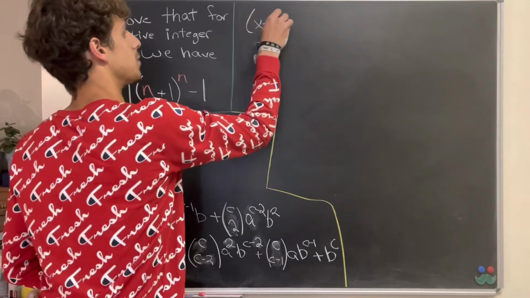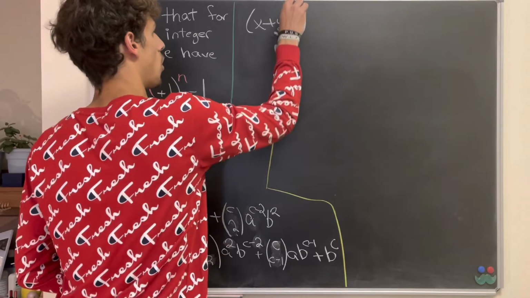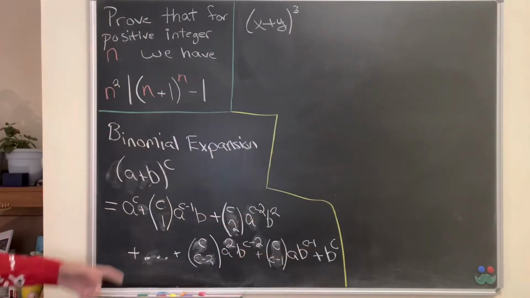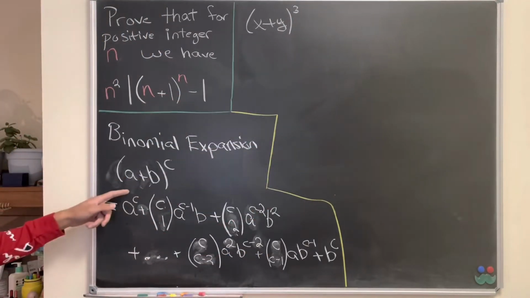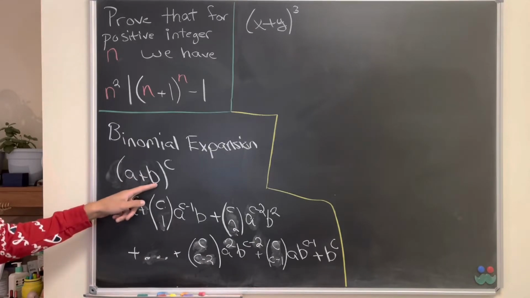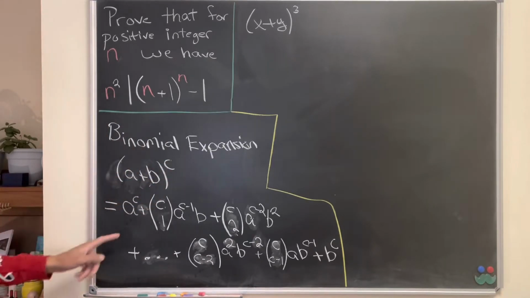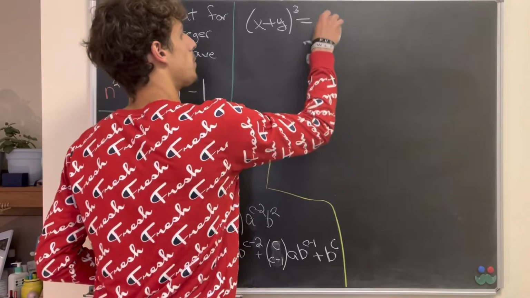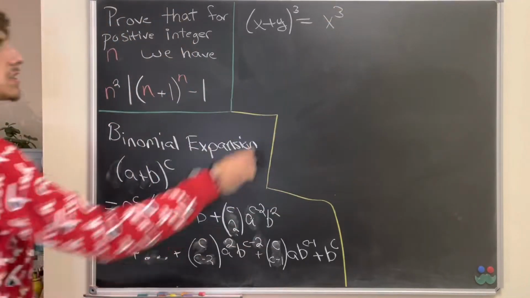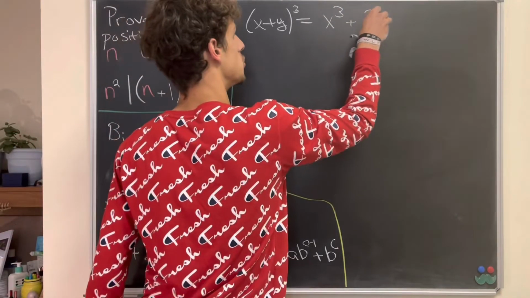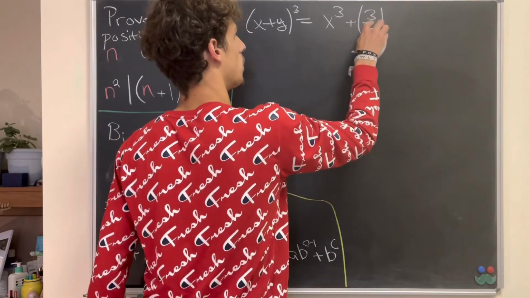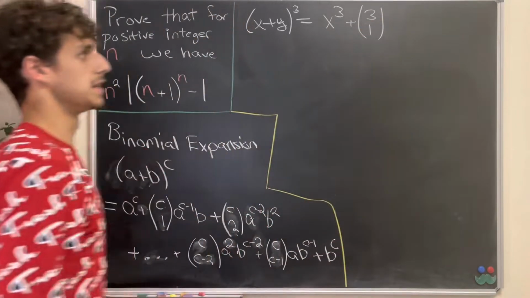We'll expand (x plus y) cubed, and we'll use this binomial expansion. So our a is x, our b is y, and our c is 3. So we'll have x cubed plus, and we'll just leave this as 3 choose 1 for now, and I'll show you what that means in a moment.